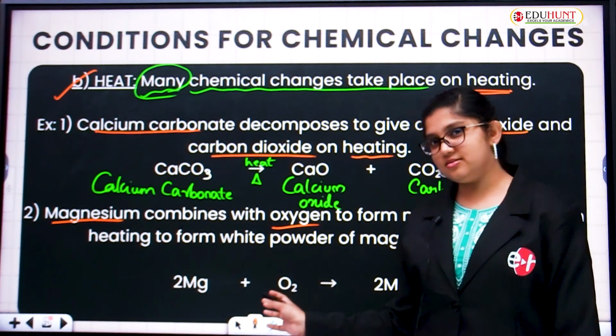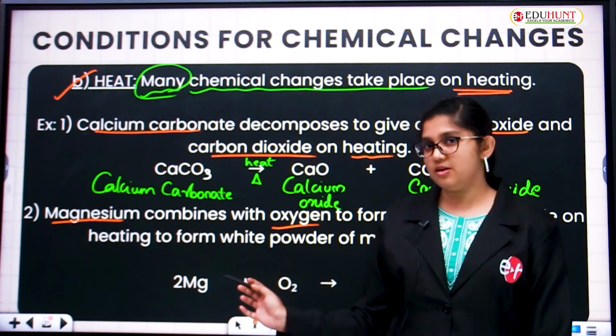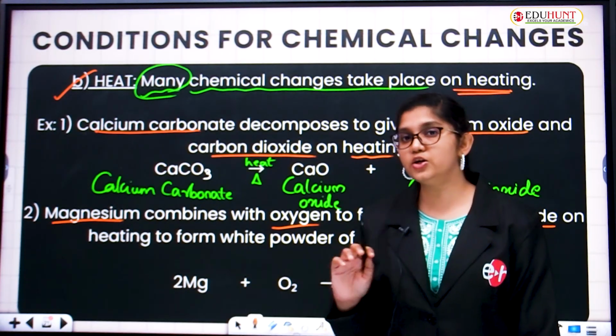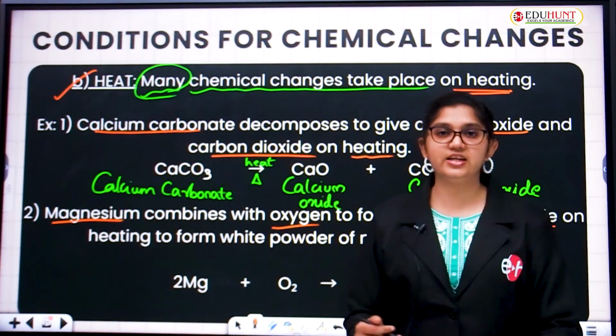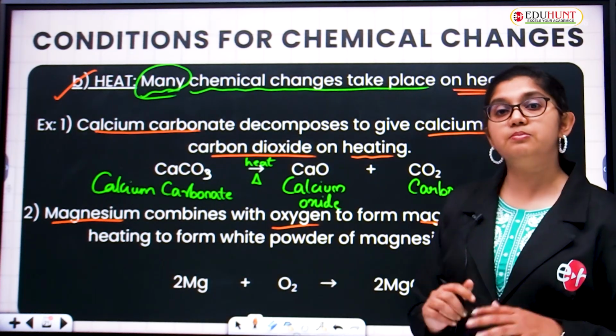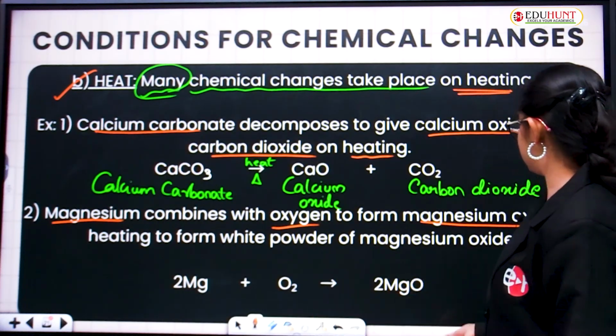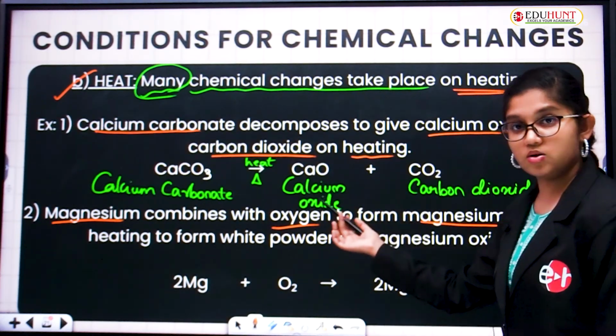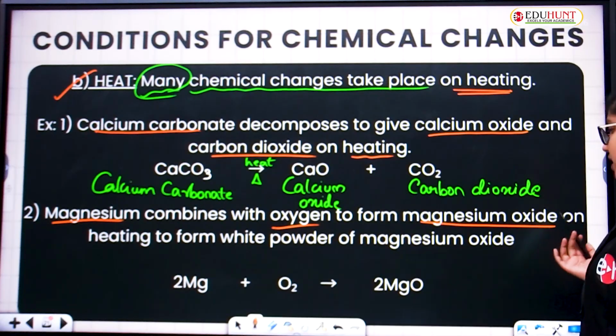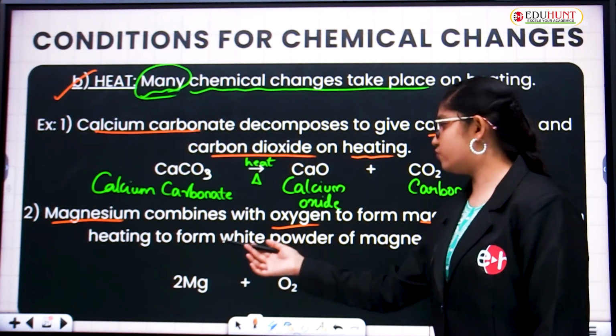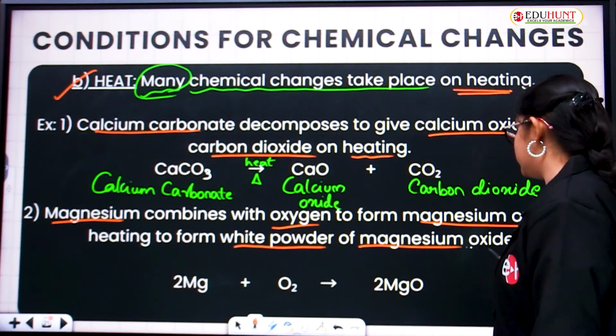We saw this in the example of chemical change, right? What is that? Burning of magnesium ribbon. There magnesium ribbon burns in the presence of oxygen to give rise to magnesium oxide. So simple. Magnesium combines with oxygen on heating to form a white powder of magnesium oxide.